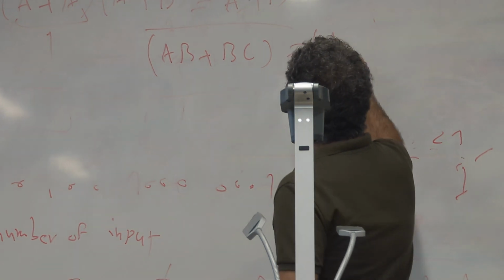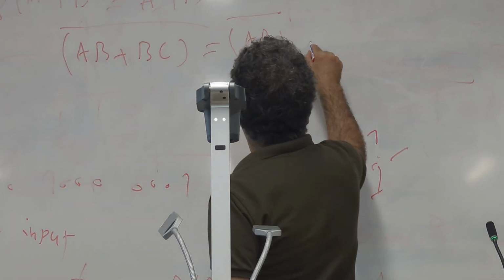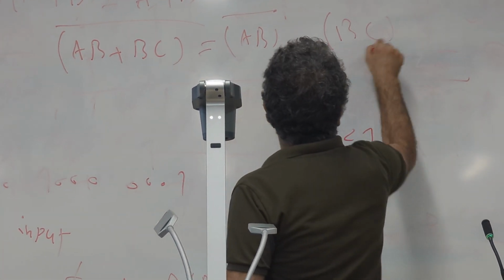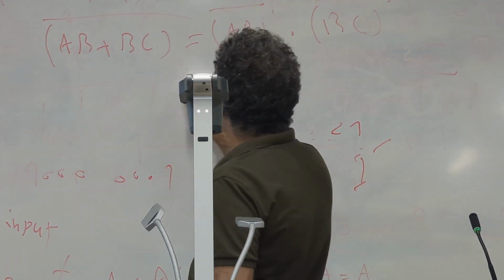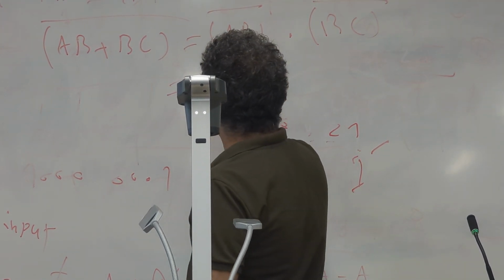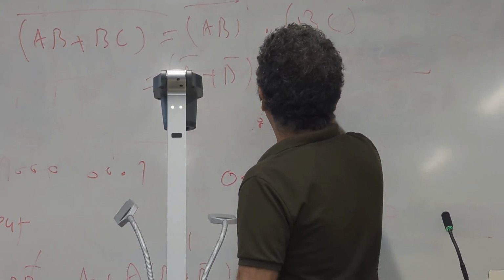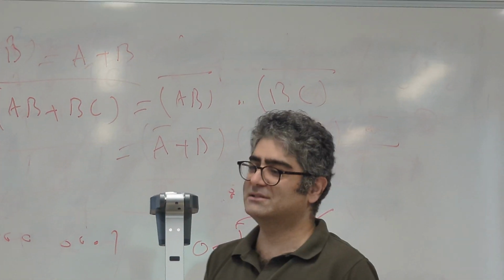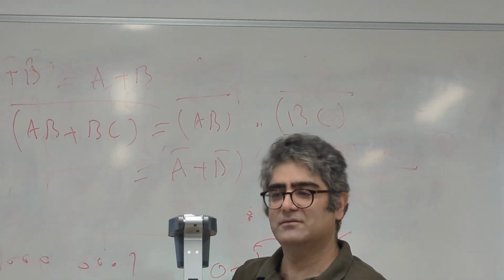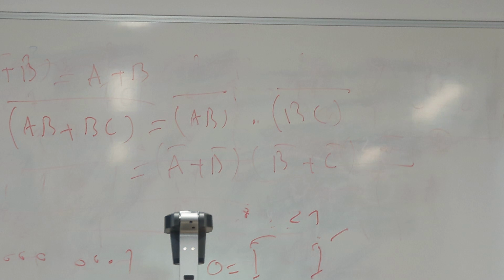It would be AB not and BC not. Okay? Then we extend. AB naught would be A naught plus B naught, then times, inside the bracket, B naught plus C naught. It will be the answer. You see how easy it is? You will have some kind of this question.